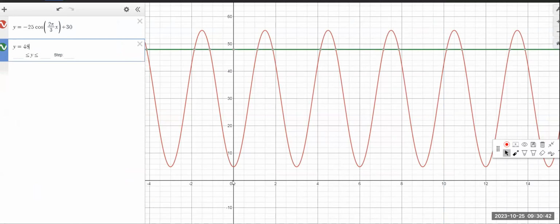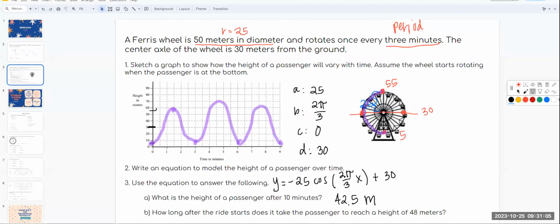And how long after it starts? So it starts at 0, and right here is the first time it's going to reach 48 meters. Now it's going to keep going around and around, so it's going to hit 48 meters several times. But the question said how long after it starts, so we're looking for this first time it reaches 48 meters. Let's round this to 1.1. It's going to take 1.1 minutes.